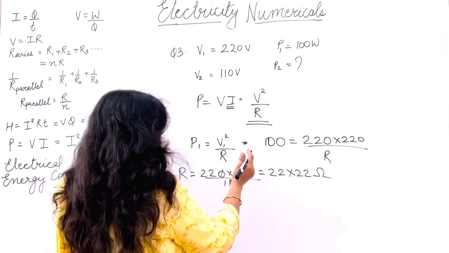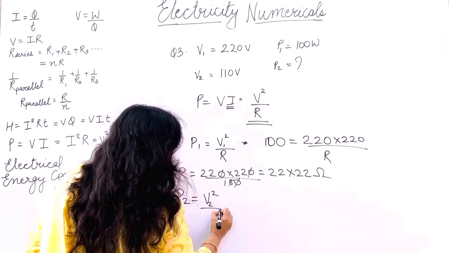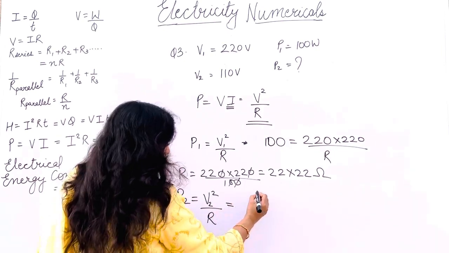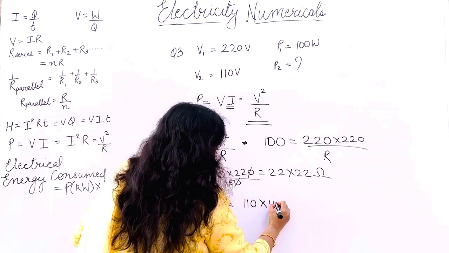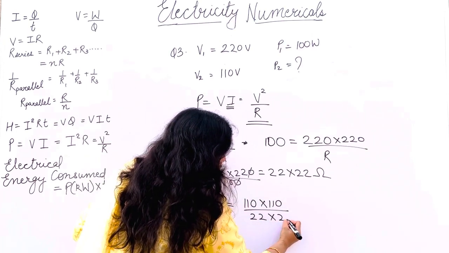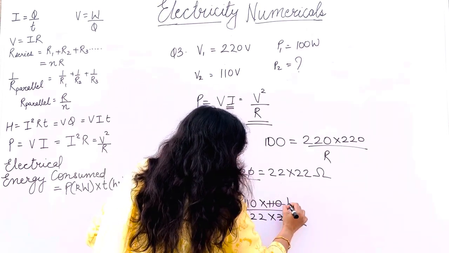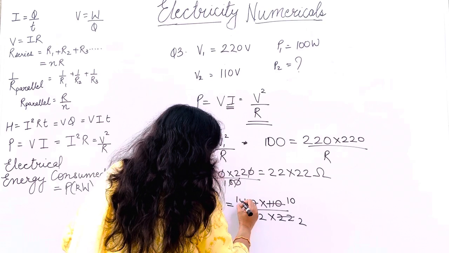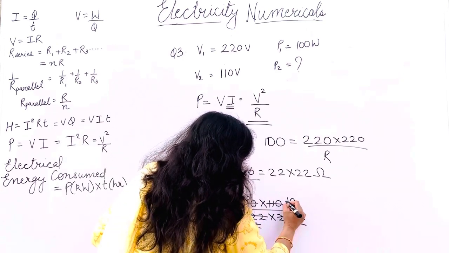Now the second part of the question, P2 is equal to V2 square upon R, and V2 is 110, square of that upon R. R is 22 into 22. So we'll just solve it out. 11 2s are 22, 11 10 times is 110, and then our calculations become very easy.